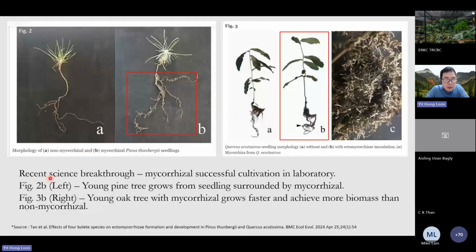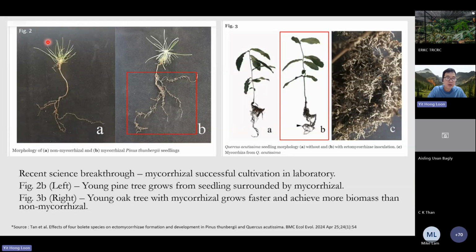Okay, a recent breakthrough: scientists are now able to grow mycorrhizal fungi in the lab. How do they do it? From my readings, they mix the seedling with a soil slurry that contains mycorrhizal spores. Then they grow the seedling in the lab, and it grows.